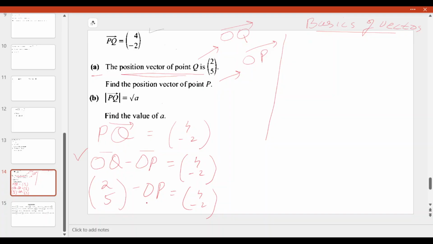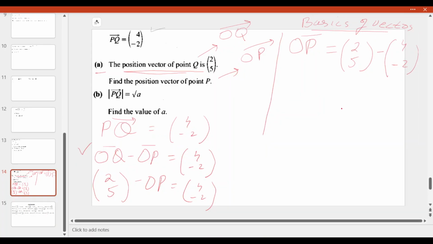When we bring that to the other side, this minus becomes positive. We do not normally write the plus sign. And this vector, we bring this one over here, to the other side of the equation, so that becomes negative, because when we bring something to the other side of the equation, the sign always changes.